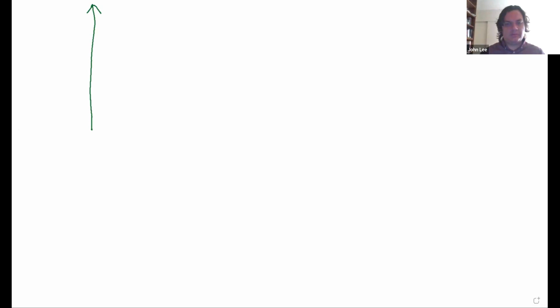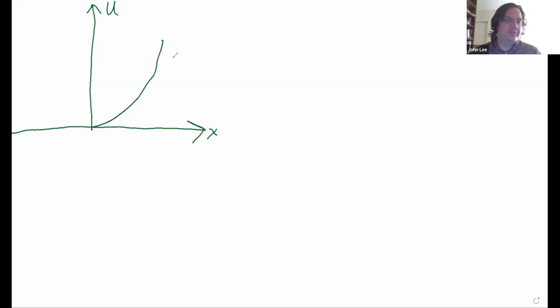Let me get back on my whiteboard. I'm going to draw out a diagram of U versus X for a quadratic equation, so for a spring type equation.